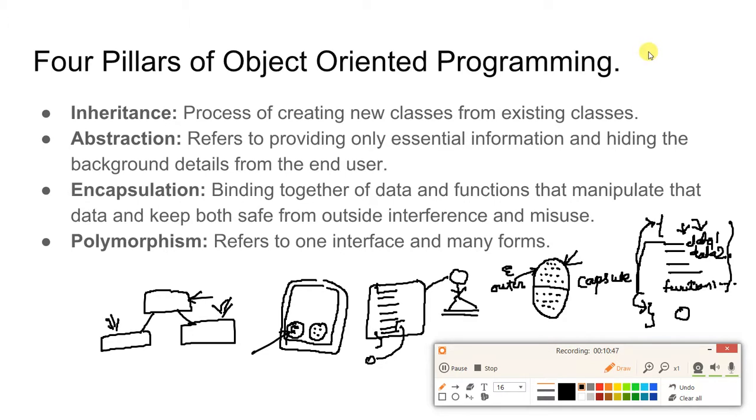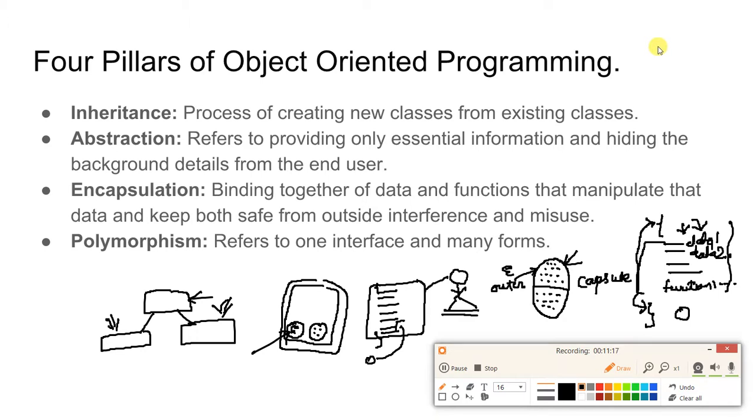But still, as far as runtime polymorphism is concerned, one function call can refer to different functions depending upon the type of object that it points to. In the case of compile time polymorphism, the functions have the same name but different argument lists, so depending upon the number and the type of arguments, different calls to different functions are made. So this is what you call polymorphism.